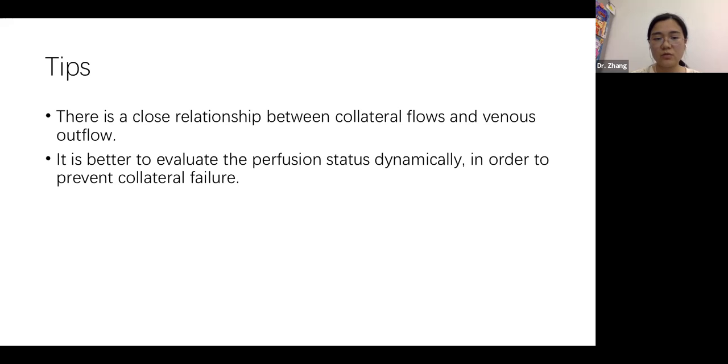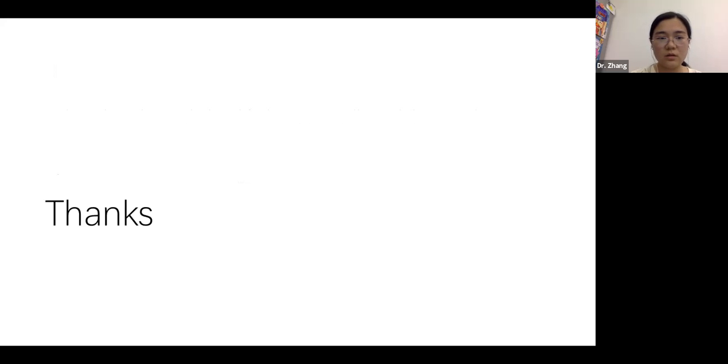It seems very useful, especially to prevent the deterioration of brain perfusion, or what I call collateral failure. But unfortunately for this patient, we didn't do dynamic observation of his cerebral venous system. We only did it once, on the second day after his admission. So that's a limitation. Thank you.